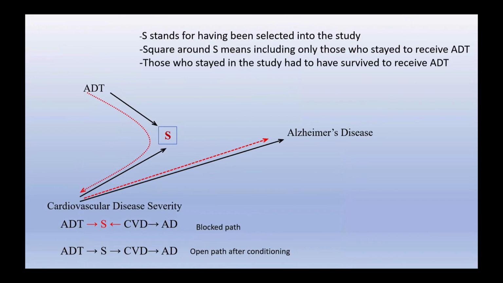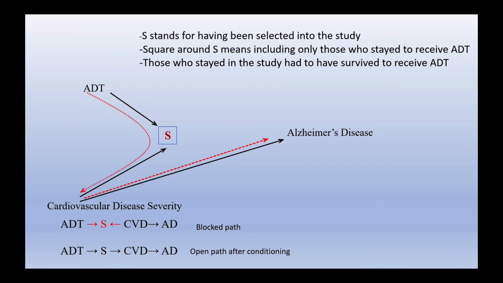And if you want to look at this structure, it looks something like this. S is a variable which basically stands for having been selected into the study. When we draw a square around S, it means we're conditioning on that variable, meaning that we're opening this path.